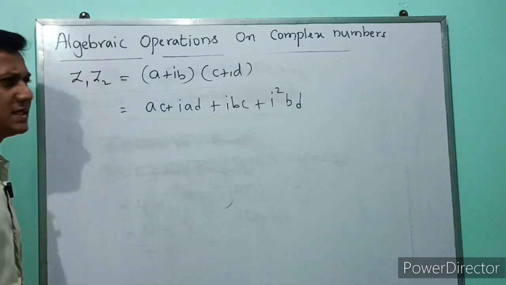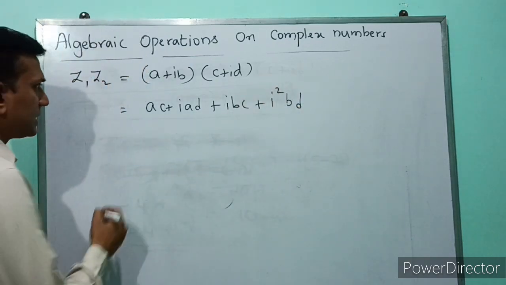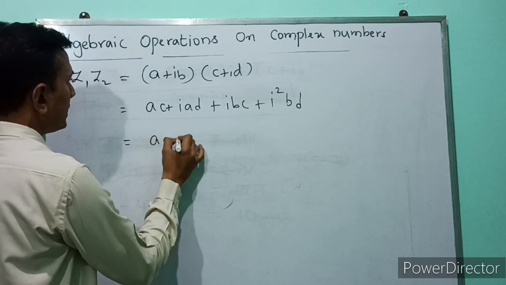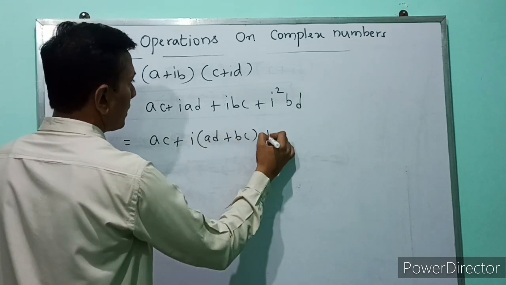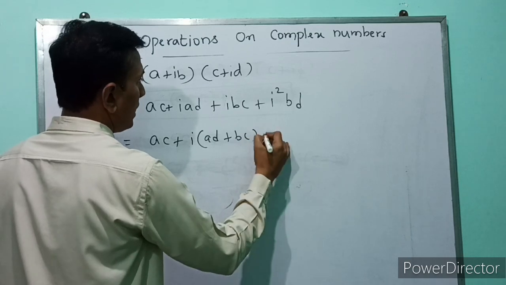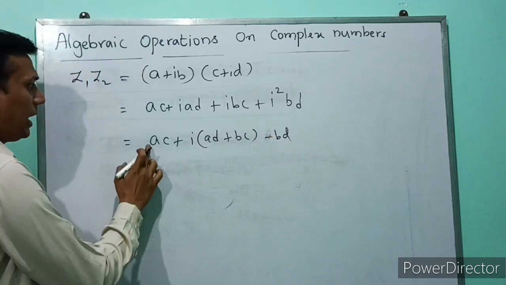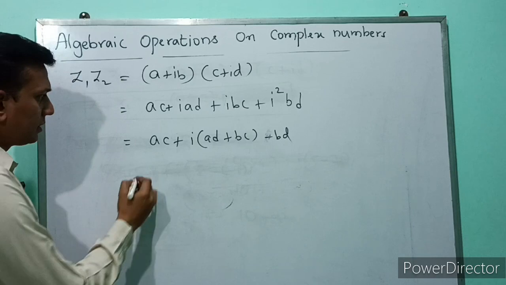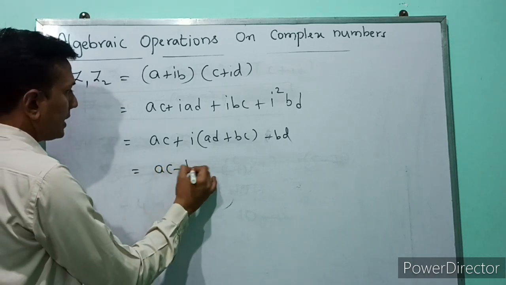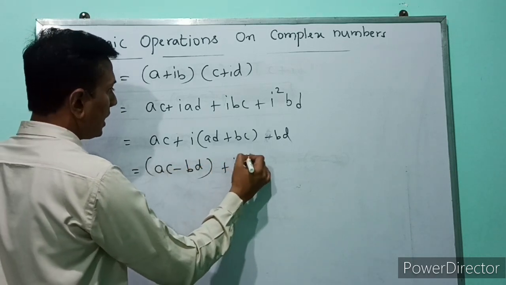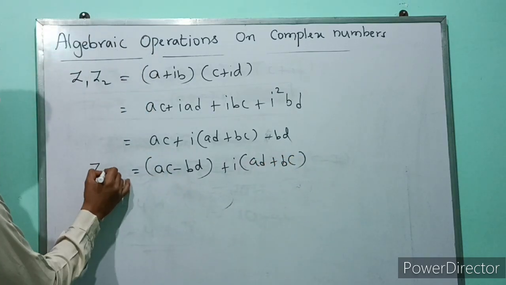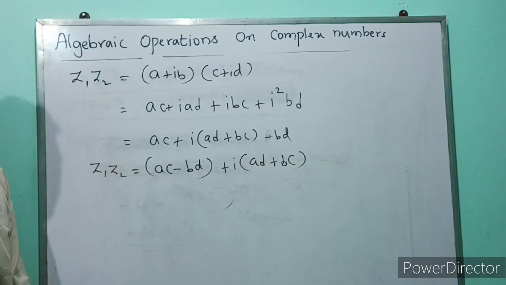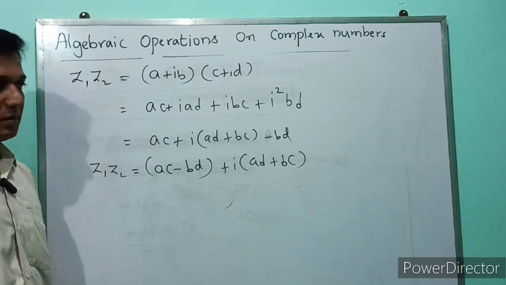We know the value of i squared is minus 1. So AC plus i is common, AD plus BC, and since i squared is minus 1, I can write it as minus BD. Again AC and BD are the real parts. So it is AC minus BD plus i into (AD plus BC). This is the product of two complex numbers.